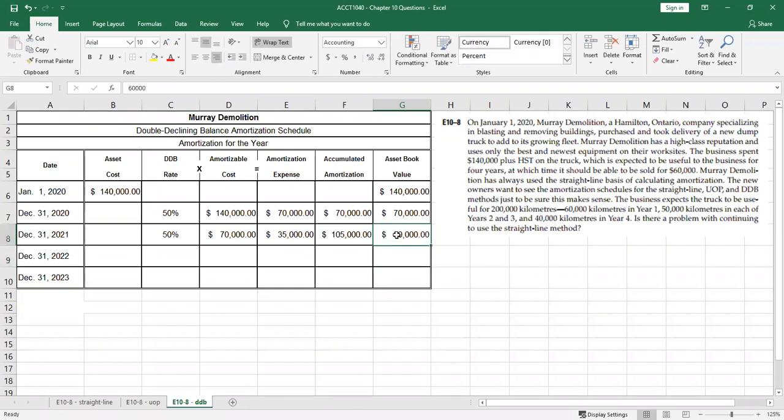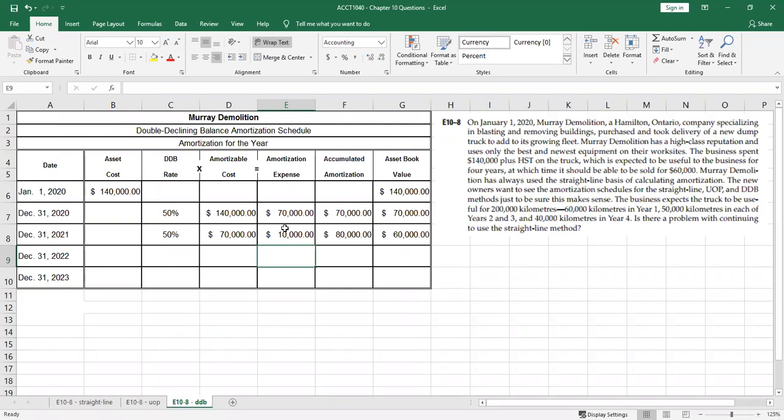So we can change this to $60,000. What that does is accumulated amortization will only be $80,000, which means that amortization expense in the second year was only $10,000. We know that 50% multiplied by $70,000 is not $10,000. But like we said, we cannot let this asset book value fall below $60,000.